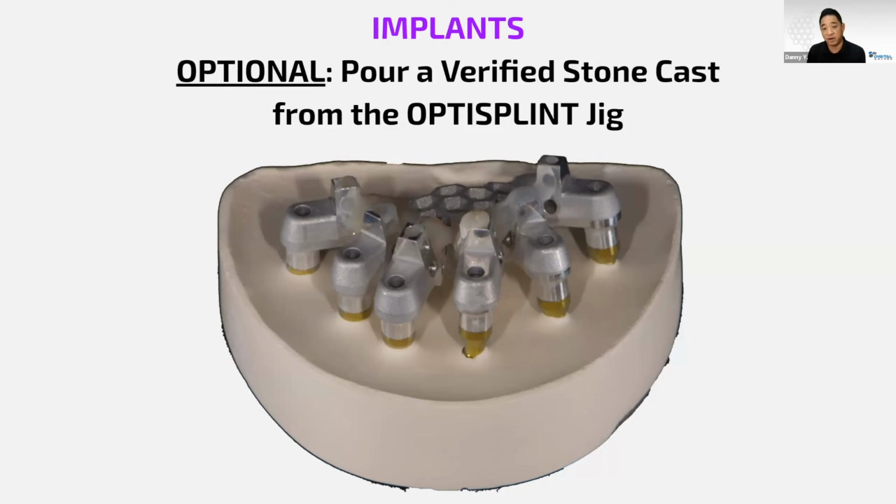That may be very accurate, whether you're doing photogrammetry or using OptiSplint. You may be capturing the most perfect record from that patient in that moment, but you can't necessarily account for manufacturing error from that record. Frankly, that record is not responsible for any of the manufacturing error that you might get.